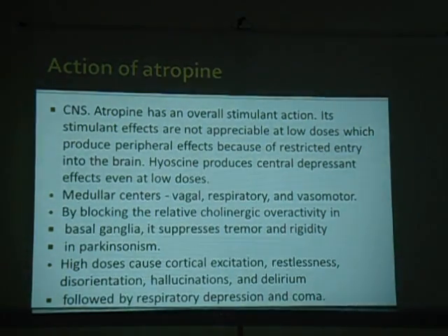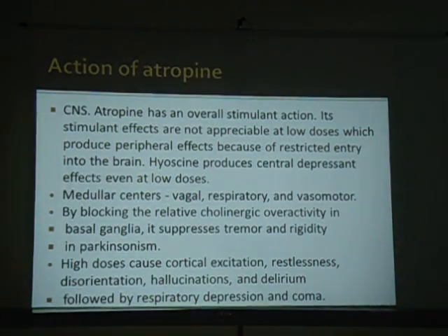Atropine. When we give it to such patients, we have to watch for signs of toxicity, because we give it intravenously every 10 minutes up to 2 grams. So we need to watch for signs of toxicity.